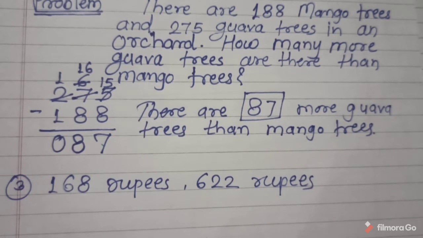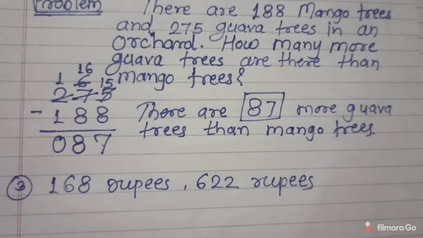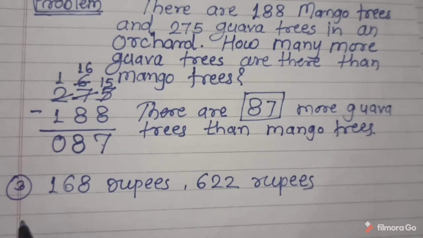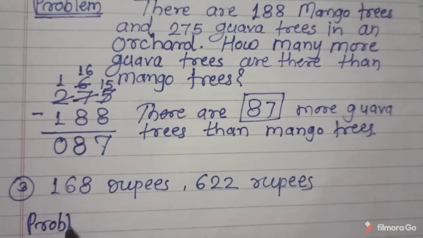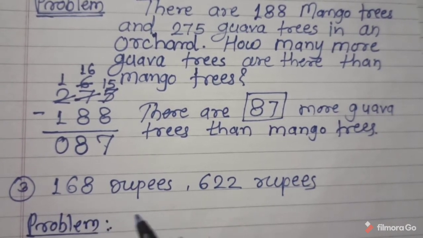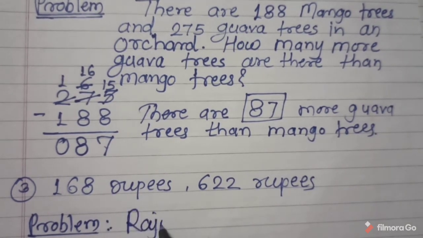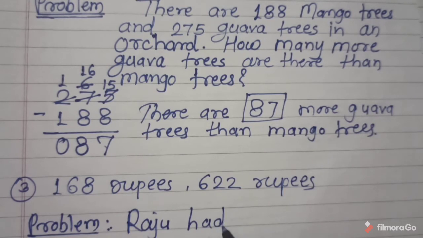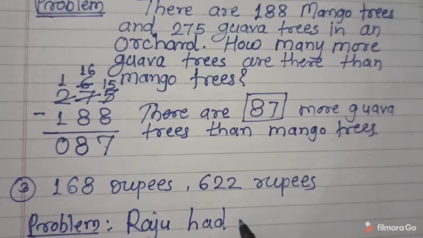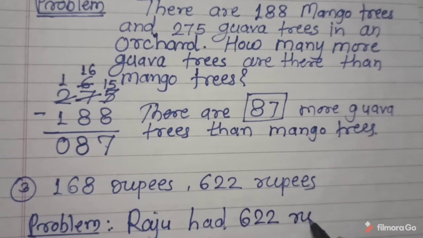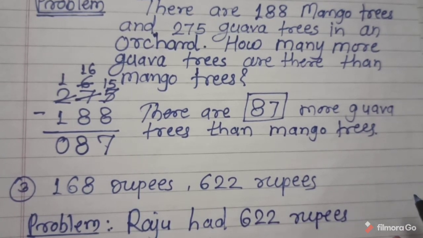All of you look at this. Write this. Make this problem. Raju had 622 rupees.